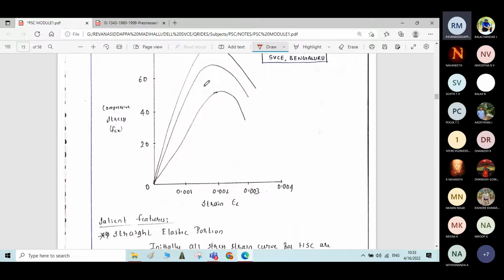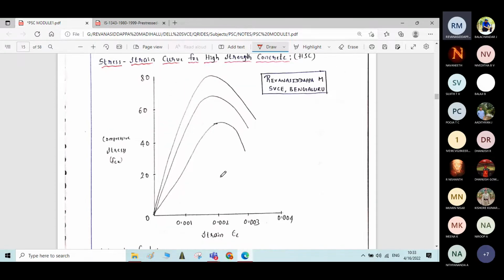Proof stress is the amount of stress required to cause 0.2 percentage of strain. 0.2 percent means 0.002 strain. Corresponding to this strain, whatever stress we get is called proof stress.